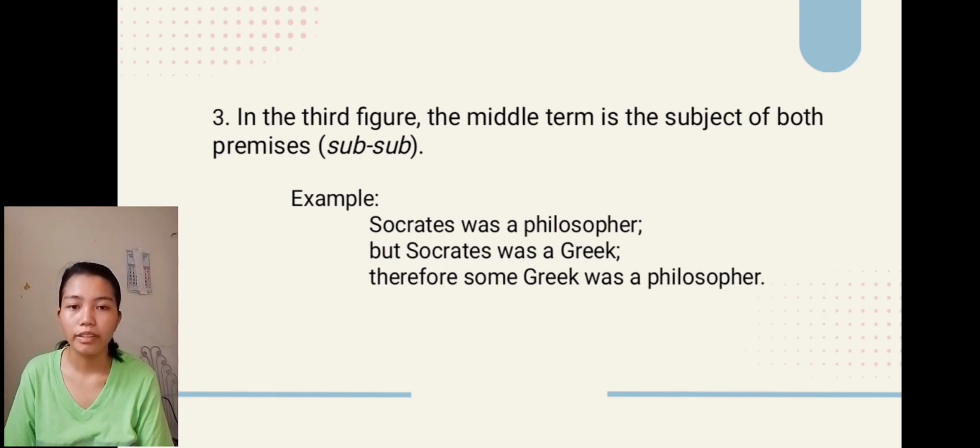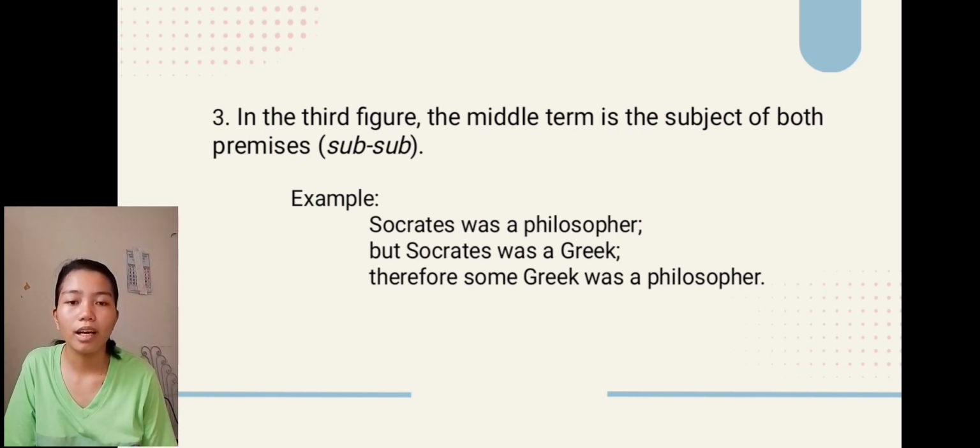So it is valid in the major premise. In minor premise, Socrates was a Greek, A, universal affirmative. And in the conclusion, therefore, some Greek was a philosopher. So some is I. So overall, the example is a valid mood.